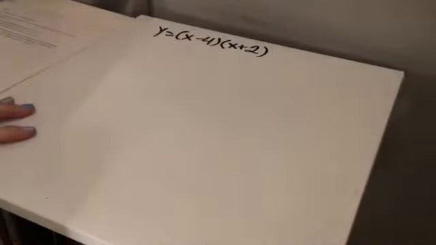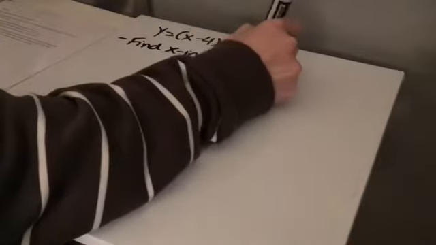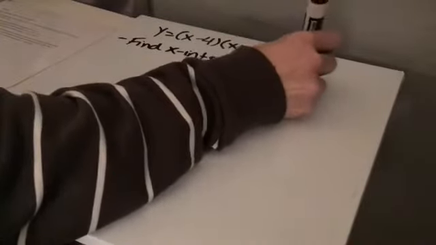So it's already in factored form for us. Okay, we haven't learned how to do that yet. We will in the next couple lessons. So y equals x minus 4 times x plus 2. Okay, so we're going to find our x-intercepts. So that means we're looking for solutions.